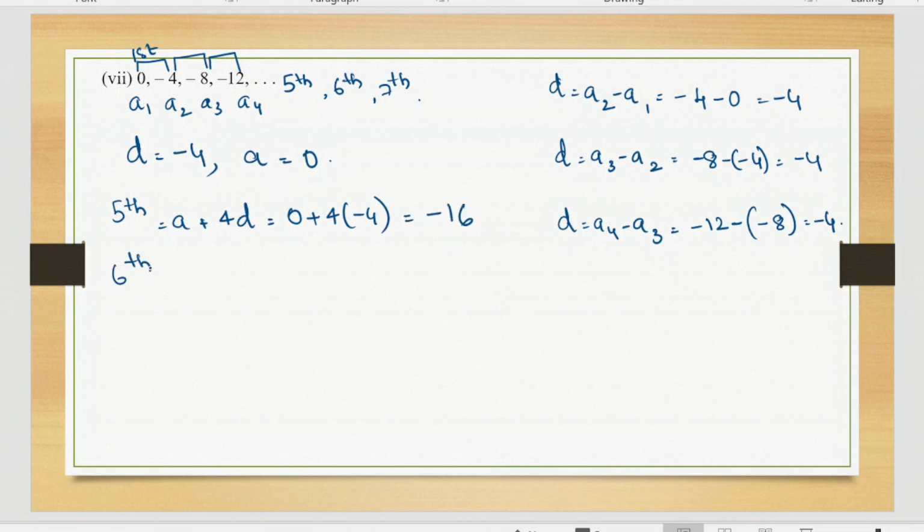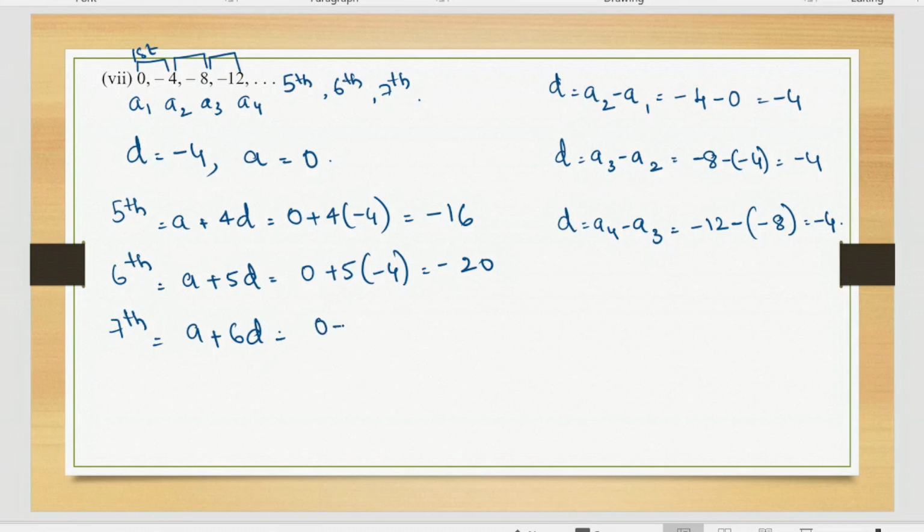So sixth term is A plus 5D, which is A is 0 plus 5 into D, D is minus 4, which is minus 20. And then seventh term will be A plus 6D.